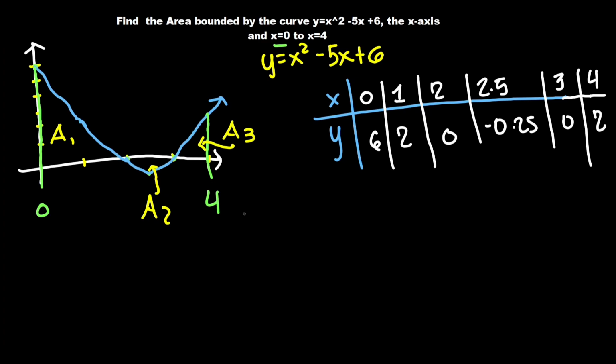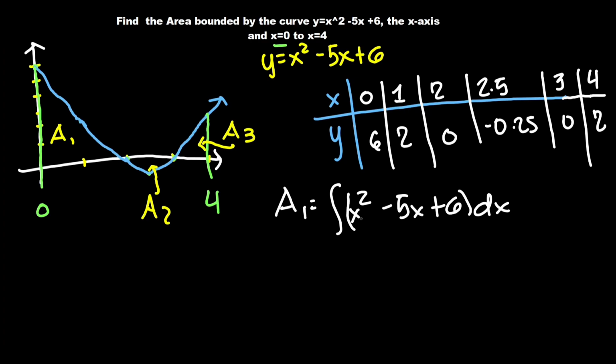And so let us first solve area number 1, which would be the integral of f of x, which is y, which is this curve right here, x squared minus 5x plus 6 dx. And our upper limit right here is bounded by this shaded region, which points to this point right here.